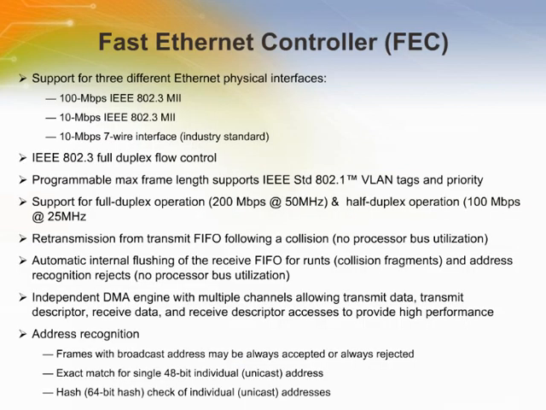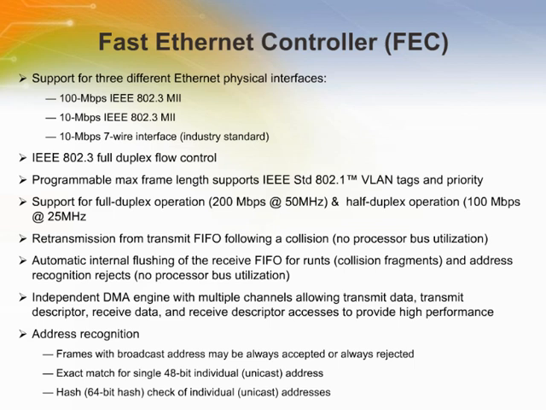The fast Ethernet controller is designed to support both 10 and 100 megabit per second Ethernet standard 802.3 networks. An external transceiver interface and transceiver function are required to complete the interface to the media.